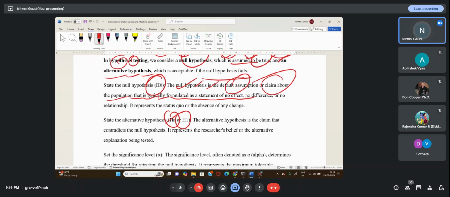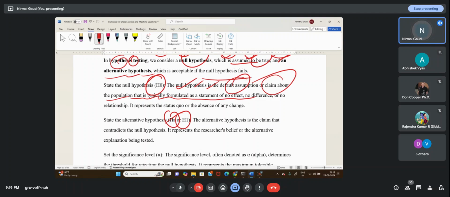I am only available with the sample, but on the basis of that sample only I am claiming what the status of women in the city is. That is the null hypothesis.